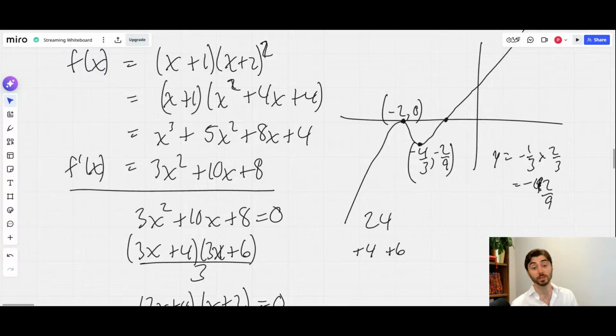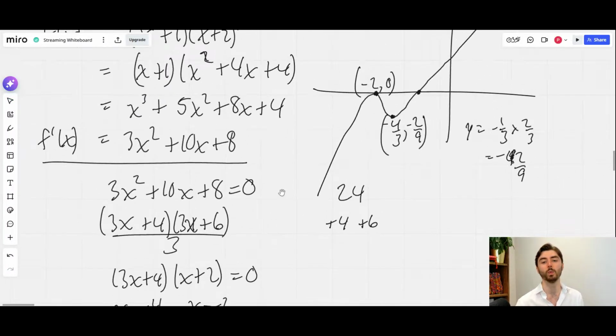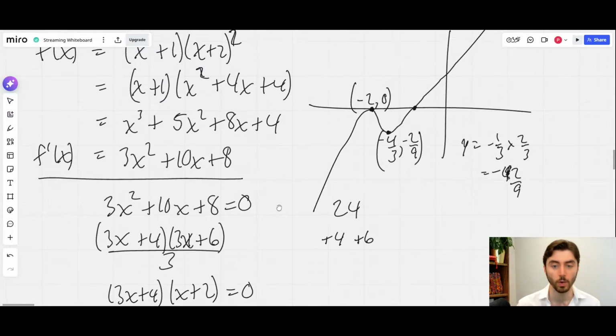Another thing we can do here is to find out where functions are increasing or decreasing. Increasing means that the gradient is positive and the y values are getting bigger, so it's angling upwards as you move across to the right. Decreasing means the y values are getting smaller as you move to the right, and so the gradients are negative.